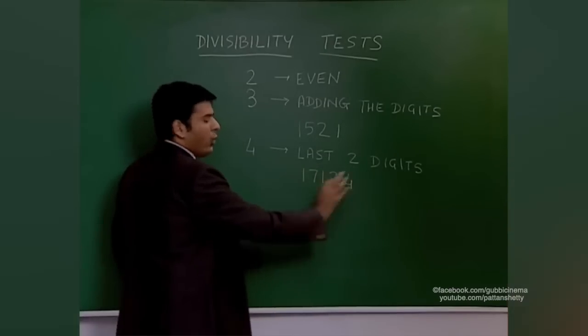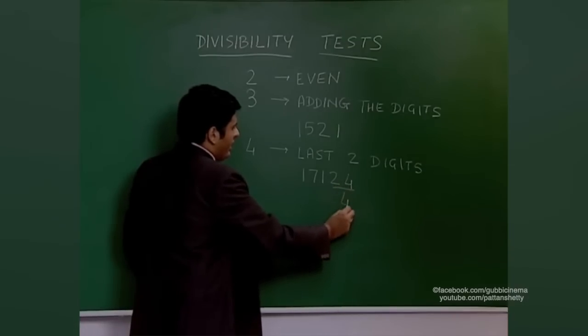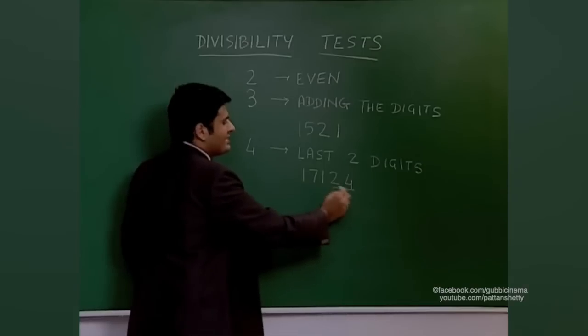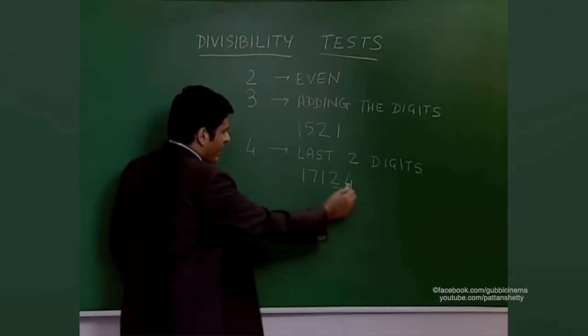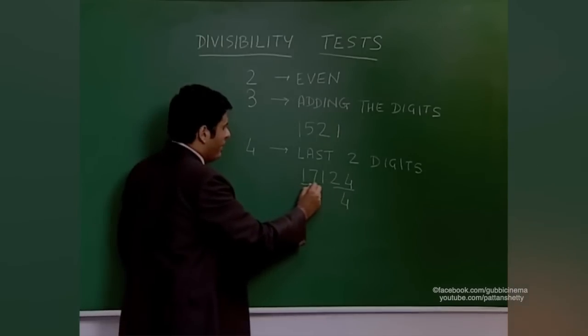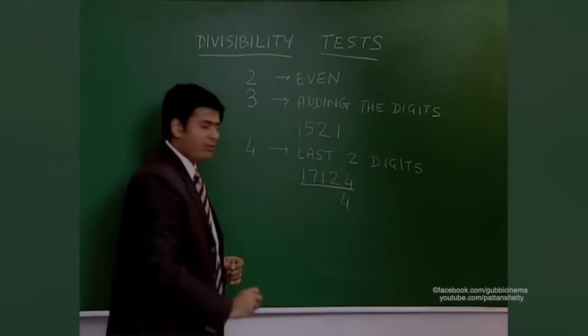I don't divide the whole number. I just take the last 2 digits. Now, 24 is divisible by 4 because 4 6s are 24. Since the last 2 digits are divisible, I can presume the whole number 17124 is divisible by 4.